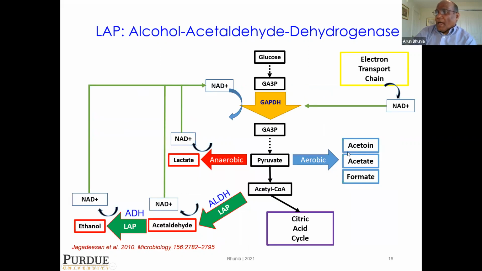As I mentioned, this is actually two enzymes. It's a bifunctional enzyme. One is acetaldehyde dehydrogenase, the other is ADH, or alcohol dehydrogenase, and it converts acetyl CoA to acetaldehyde, and then acetaldehyde to ethanol. Listeria produces one ADHE.